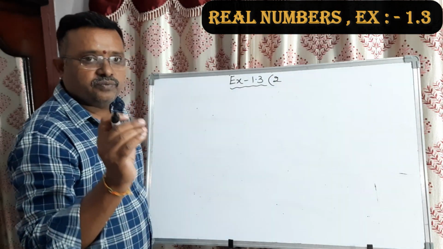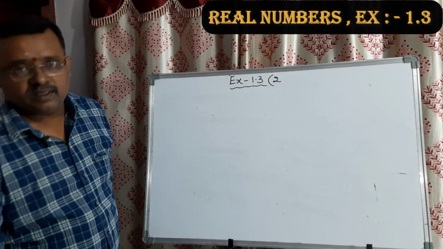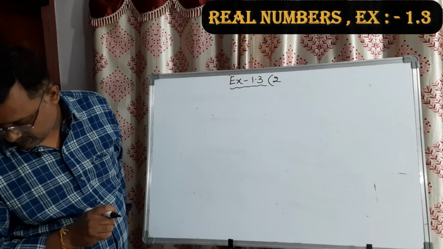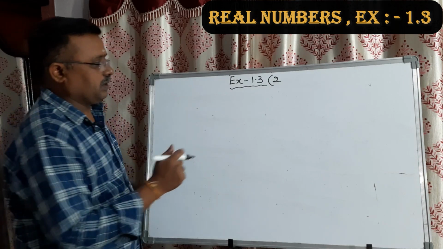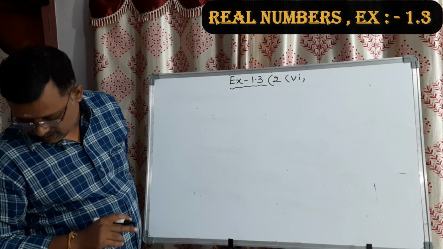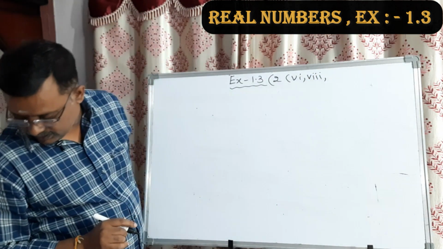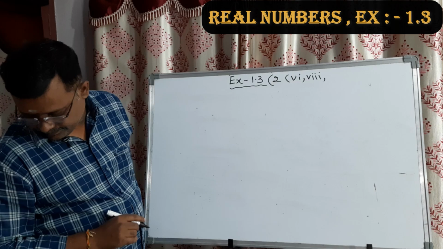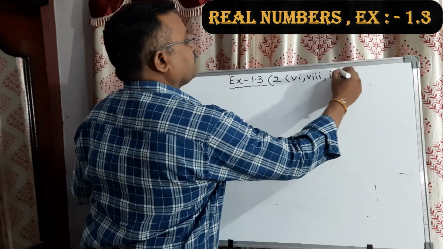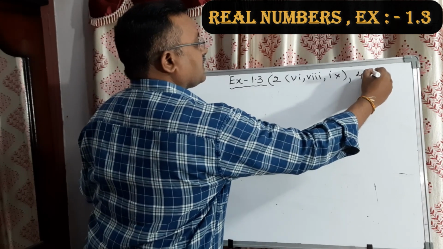In the second bit there are almost 10 problems. Among them I will take 2 to 3 problems. First one is the sixth problem, the next one is the eighth problem, and the next one is the ninth problem. Along with this we will take the fourth bit second problem.